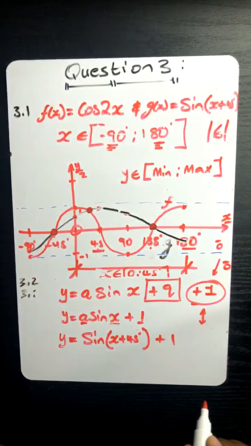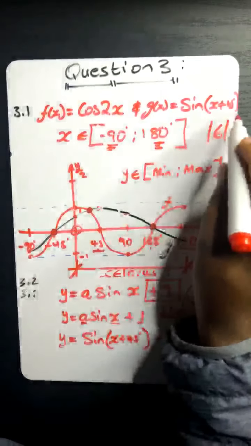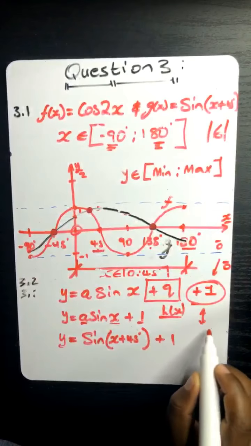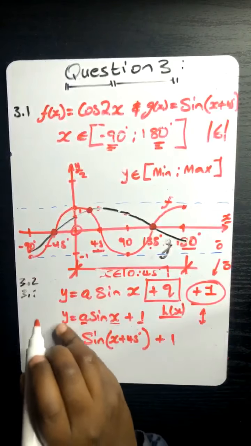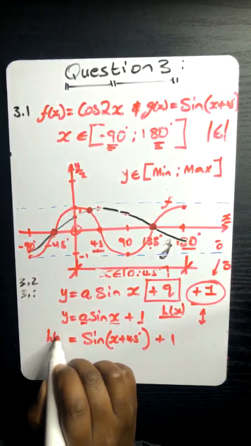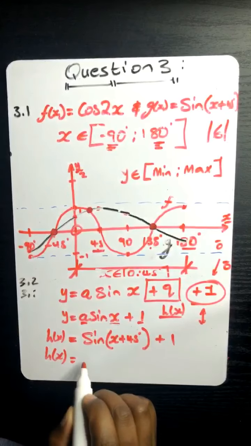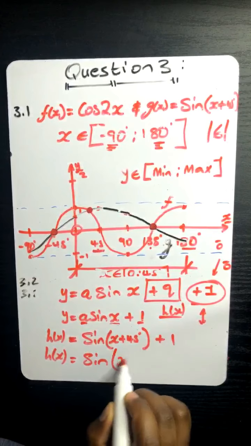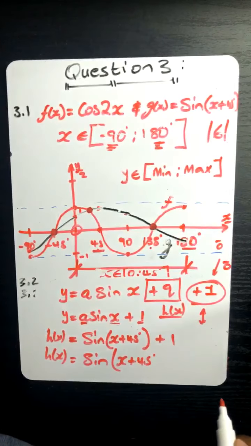Remember, they said you must find h of x, whereby the graph of g is shifted upwards by 1 and by 30 to the right. So here you start writing h of x equals sine of x plus 45.